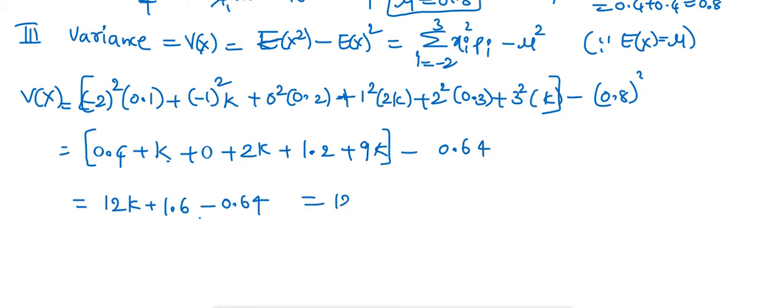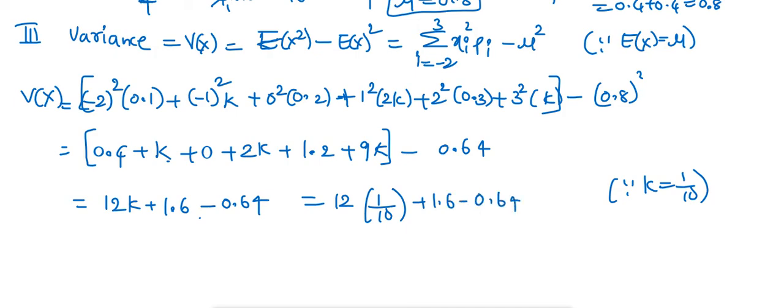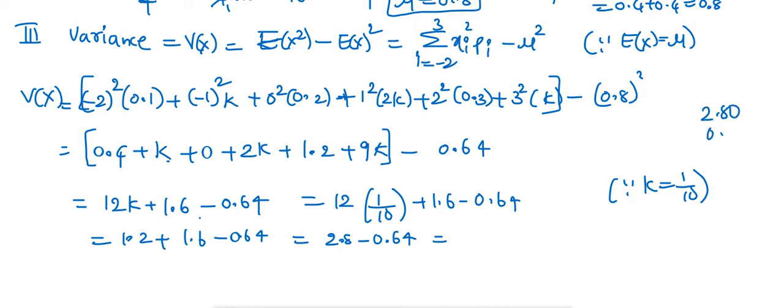This is equal to 12 into k, and we know the value of k from 1, that is 1 by 10, plus 1.6 minus 0.64. This is equal to 1.2 plus 1.6 minus 0.64, equal to 2.8 minus 0.64, which is 2.16. Therefore, variance of x is equal to 2.16.